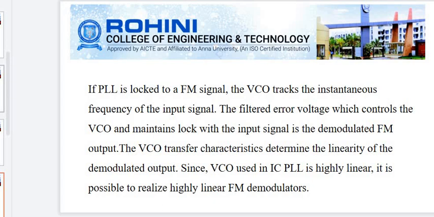The filtered error voltage, which controls the VCO and maintains the lock with the input signal, is the demodulated FM output. The VCO transfer characteristics determine the linearity of the demodulated output. Since the voltage controlled oscillator used in the PLL IC is highly linear, it is possible to realize highly linear FM demodulators.